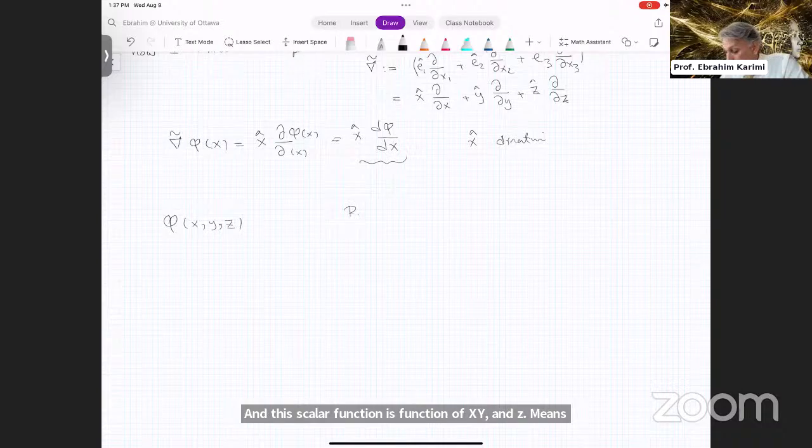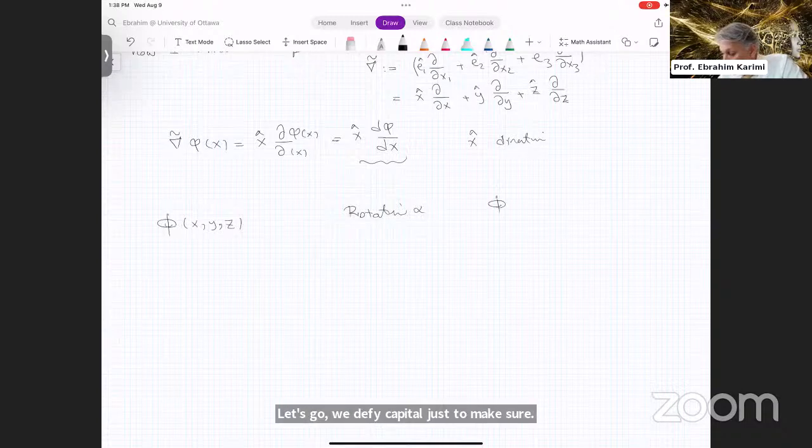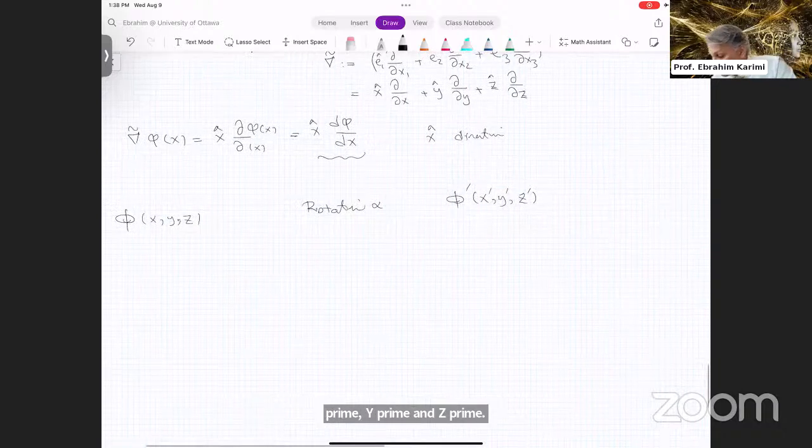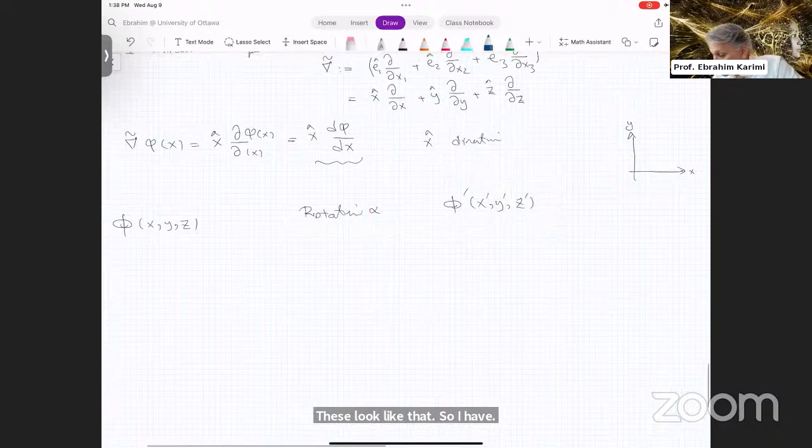that means if I do a rotation of the coordinates, let's go with a capital Phi just to make sure, a rotation of alpha, then I will get a new function of x prime, y prime, and z prime. It looks like this: I have x, y, and I do a rotation to x prime, y prime.